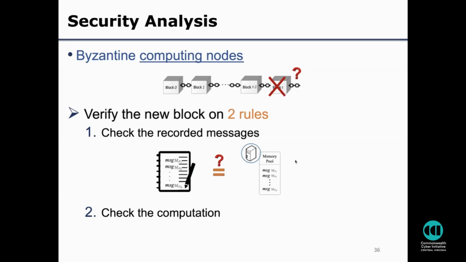Once other computing nodes receive this block, they verify it based on two rules. First, check the recorded message in the block by comparing it with the history message stored in their memory pool. The second is to perform the computation.